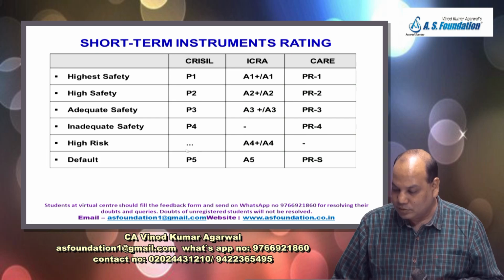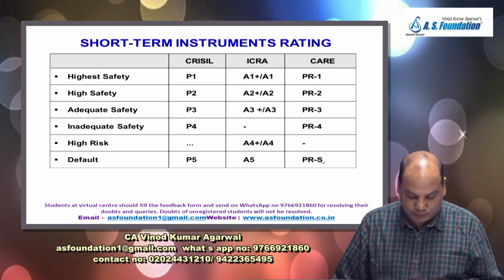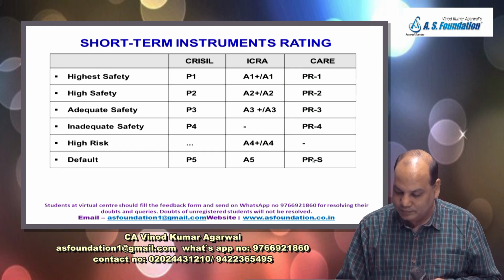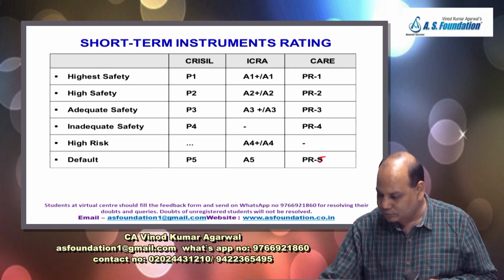High risk. Now there is no criteria written by CRISIL here, but this has A4. Again, no rating for high risk, and directly default after inadequate safety P5, A5, and this PR5. You make it PR5. If you see the rating 1, 2, 3, 4, 5, typing error.